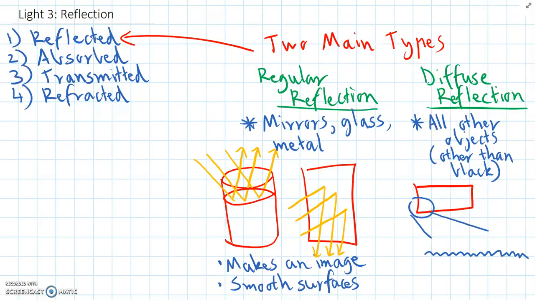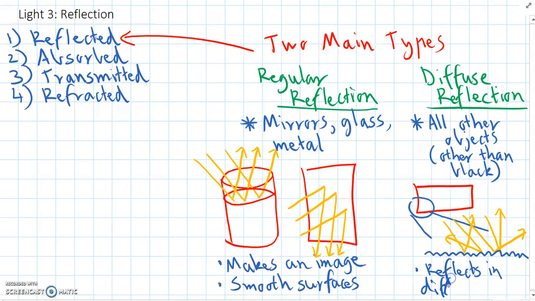So when light comes in and hits a piece of paper or another object with a rough surface, the light reflects at all different angles, in all different directions.